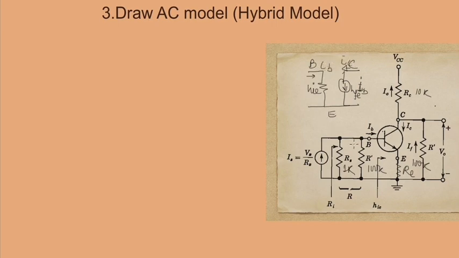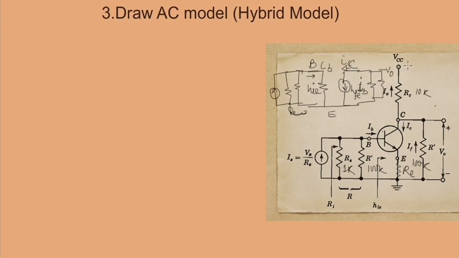And now we have to mark all the components as they are connected here. So you can see here we have 100K, then we have this 1K, and then we have a current source here. Similarly, at the output side we have this 100K and then we have 10K and the output voltage here.